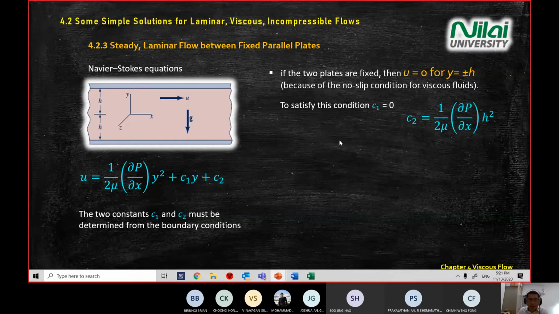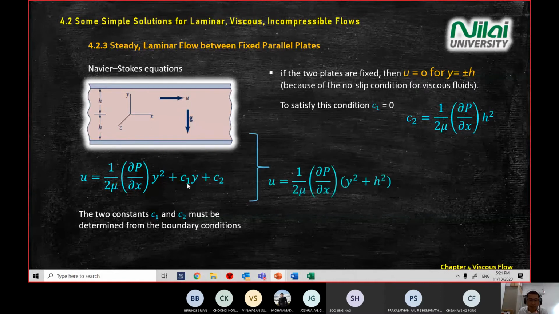You substitute this boundary condition in this equation, you get your constant value. So your C1 equals 0, your C2 equals some equation. Then you substitute your C2 inside here, you get this equation.